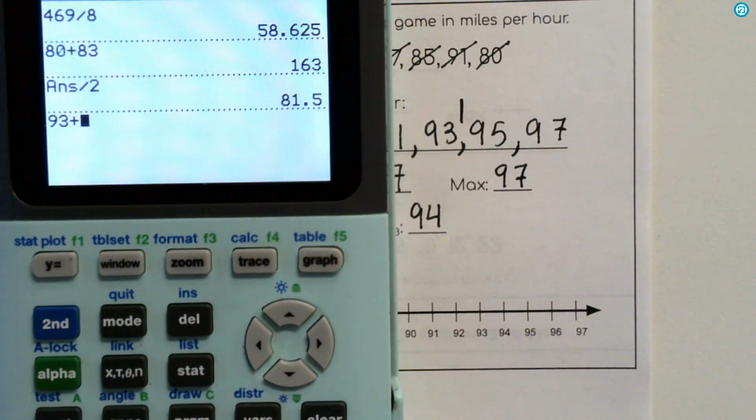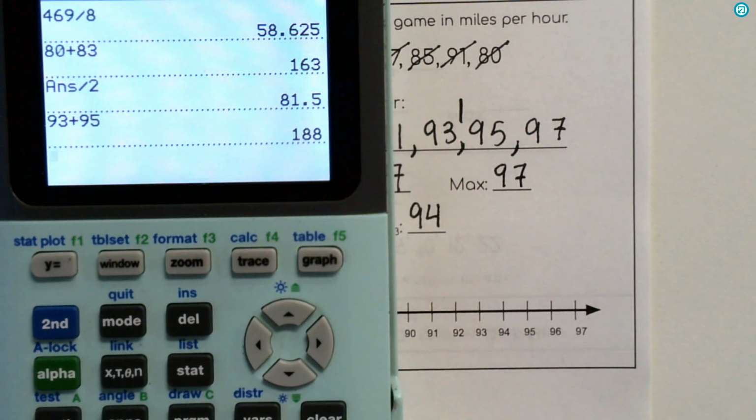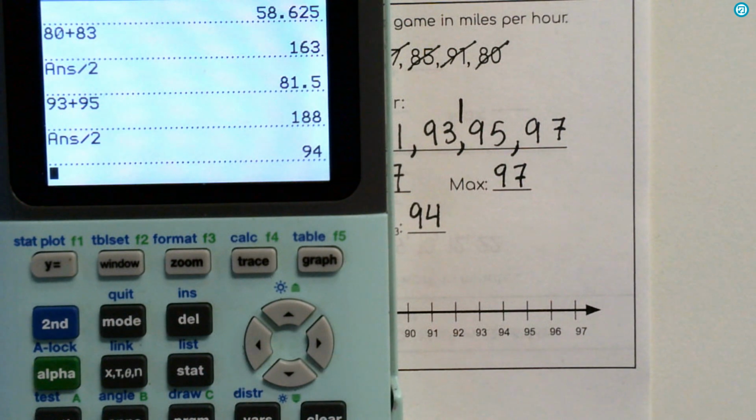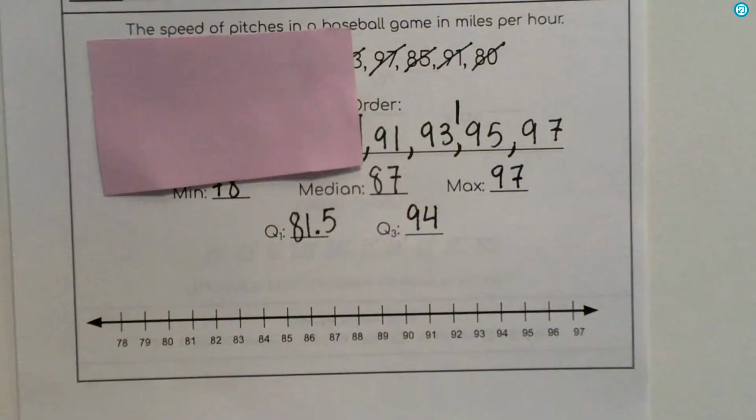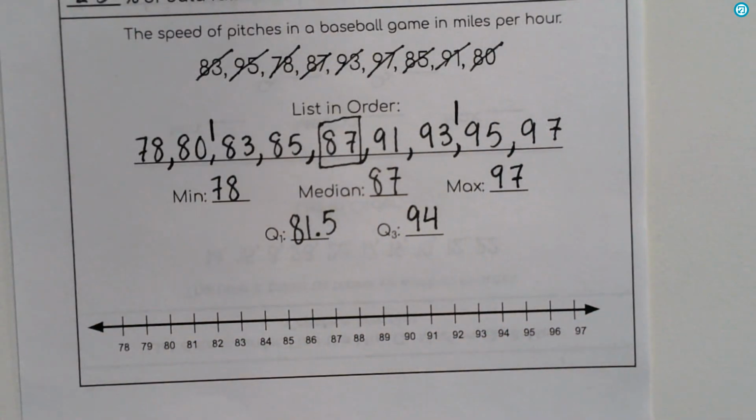I could do the exact same thing, 93 plus 95 and then divide by 2. Yeah. Good question. So when you have to do those medians in between 2 numbers, you can do it in your head. You can do it in your calculator. You can just think logically about it. It's the same way anyway.